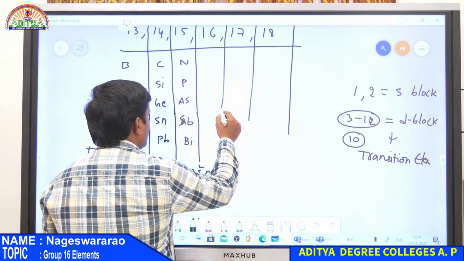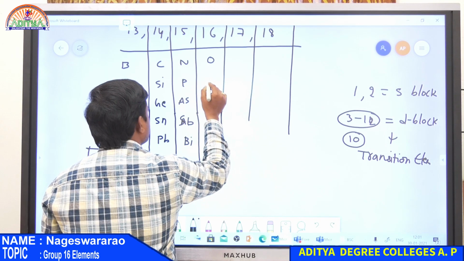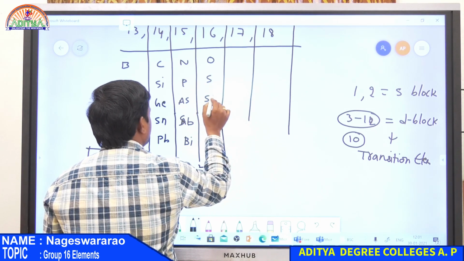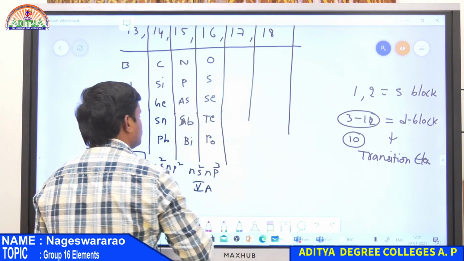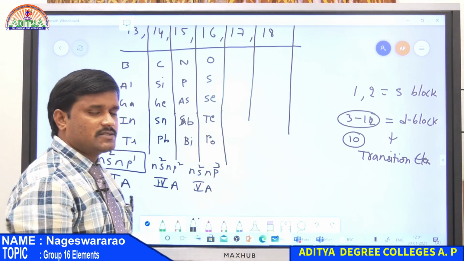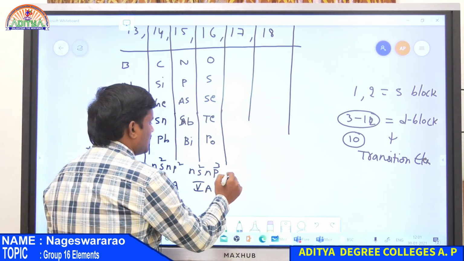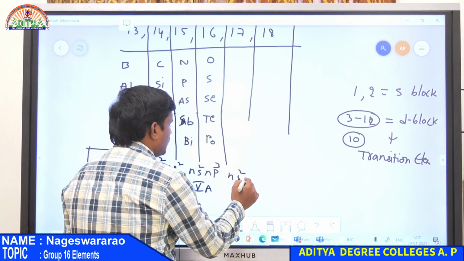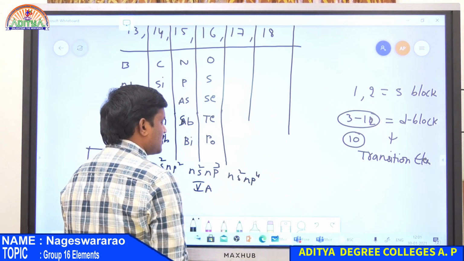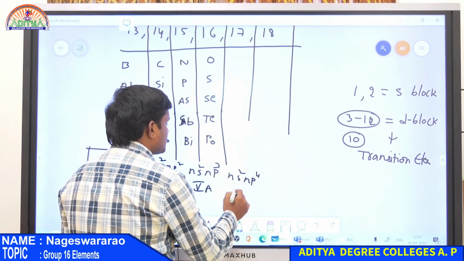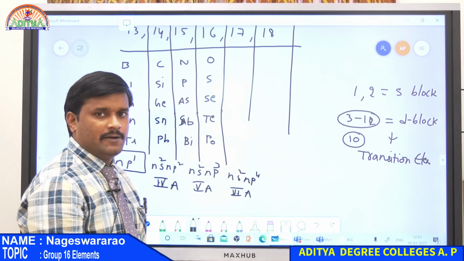Now the next group is 16th group, that is oxygen family: oxygen, sulfur, selenium, tellurium and polonium. All these have a general configuration ns2 np4. So there are totally 6 electrons present in the outer shell, hence it is a 6A group element or simply 16th group element.